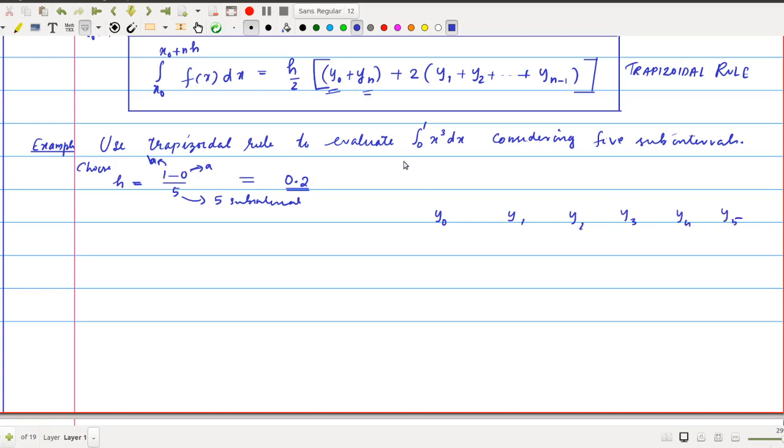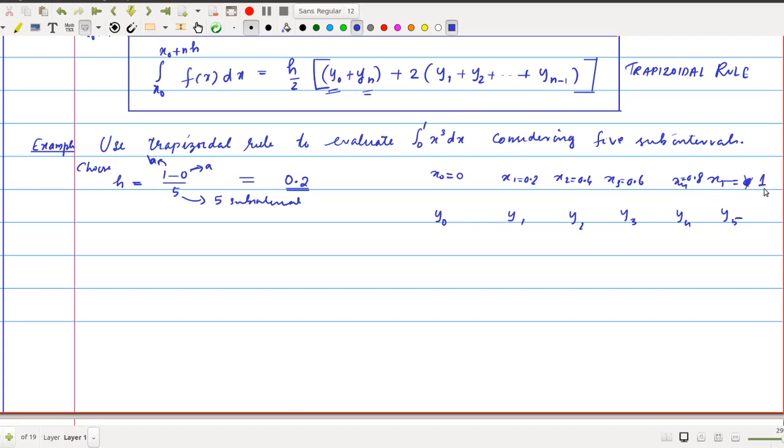These correspond to x0, x1, x2, x3, x4, x5. Since x0 is equal to 0 and h is equal to 0.2, the values will be 0, 0.2, 0.4, 0.6, 0.8, and finally 1.0, that is 0.8 plus 0.2, which is 1.